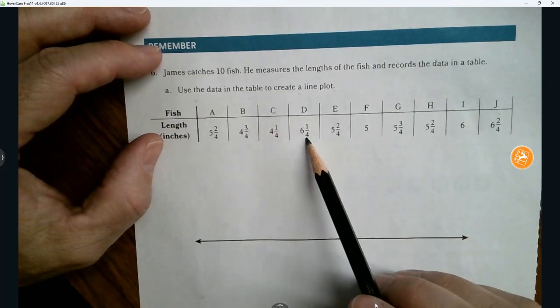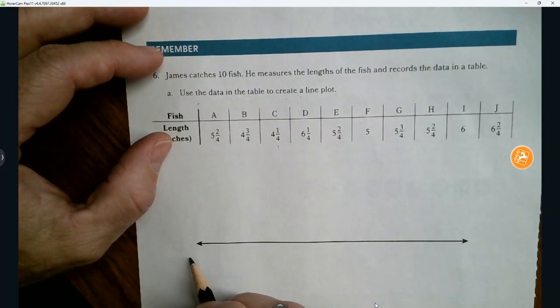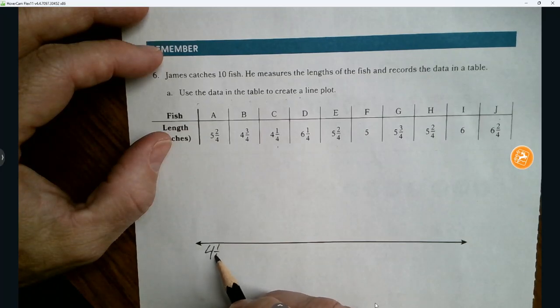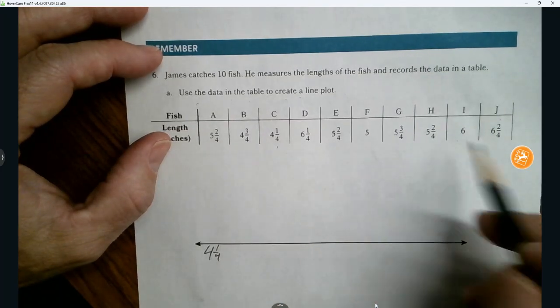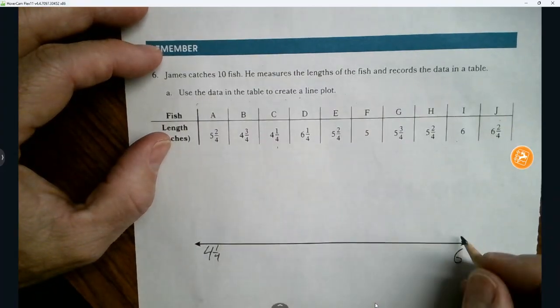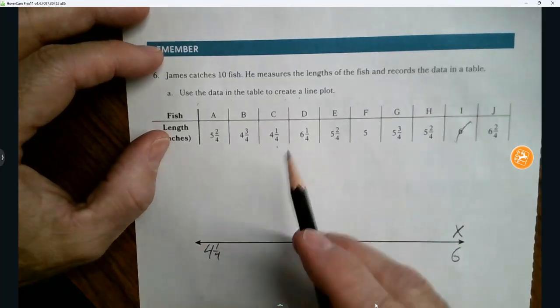All right, line plot. What's our smallest number? Our smallest number looks to be 4 1/4. Our biggest one is 6. So we only see 6 on here once, so I would put an X over that 6. And for 4 1/4, that once.